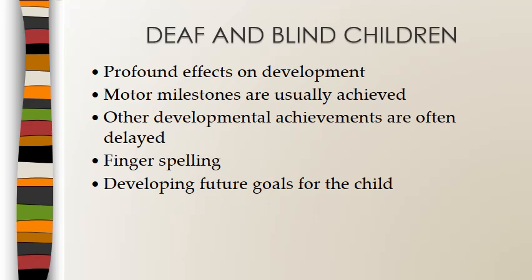Generally with blind and deaf children, their motor milestones are usually not achieved, and other developmental achievements are often delayed. These children can be taught how to finger spell, so you can spell words within their hand so that they can feel the different letters. And we need to help the children and family develop future goals for the child that are realistic and achievable.